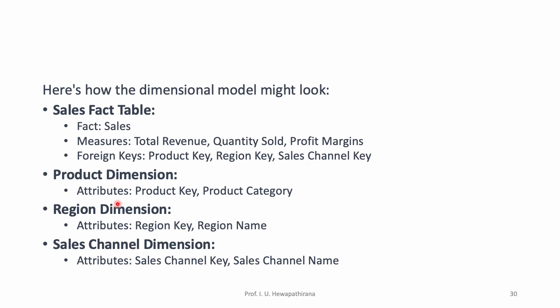In the product dimension, the product key will be the primary key of that table, and then the product category. Then the region name, then the sales channel dimension, with the sales channel key and sales channel name.